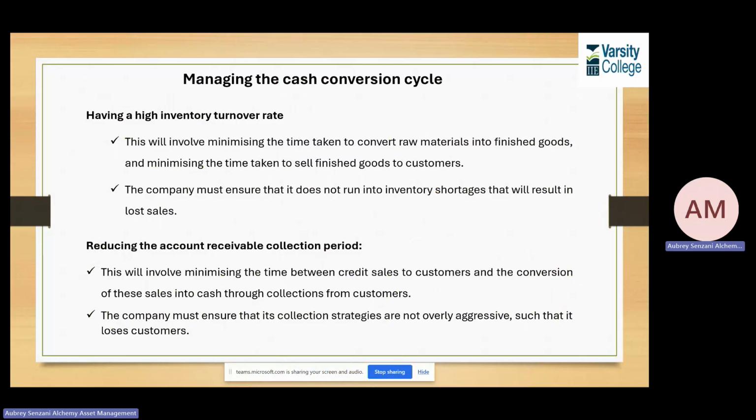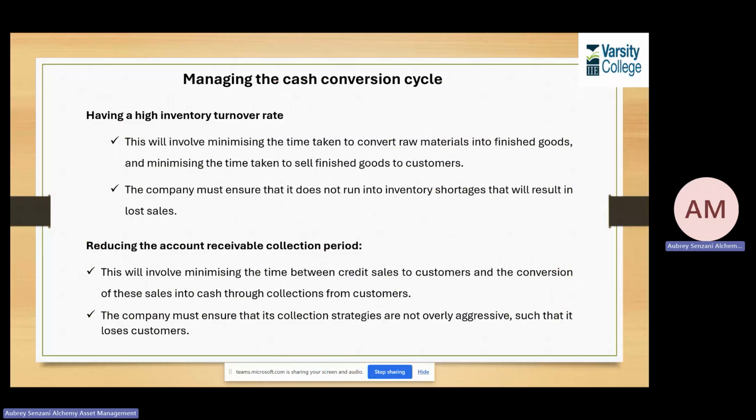Then reducing the accounts receivable collection period. Okay. In other words, saying you can borrow for 40 days instead of 60 days. This will improve minimizing the time between credit sales to customers and the conversion of these sales into cash through collections from customers. I'm sure it's pretty straightforward.